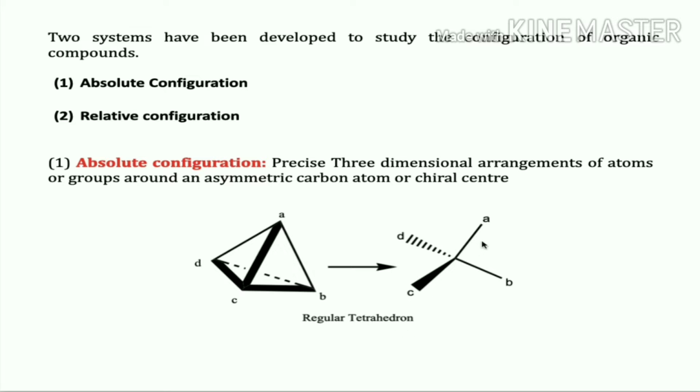If all the substituents bonded to a particular carbon are different, then it is called a chiral center. For that, we assign absolute configuration depending upon the orientation of the groups. So it is called absolute configuration.